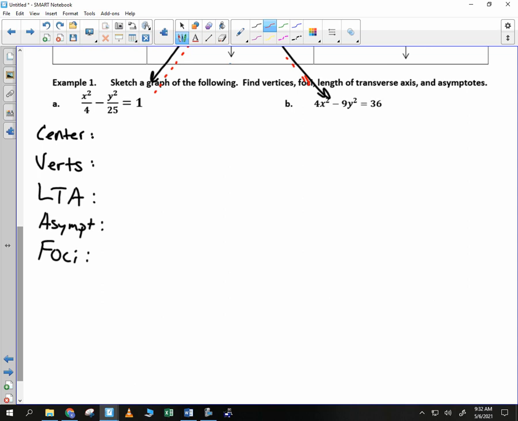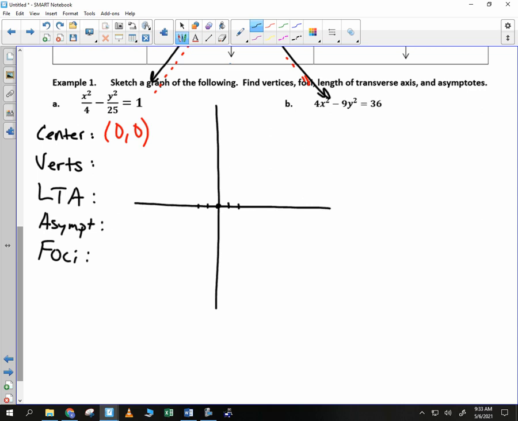All right. So center is going to be 0, 0. And at this point, just start drawing the hyperbola. I'm centered at 0, 0. I'm going to make my box. Can somebody tell me how many units do I go in the X direction as I make my box? 2 units.